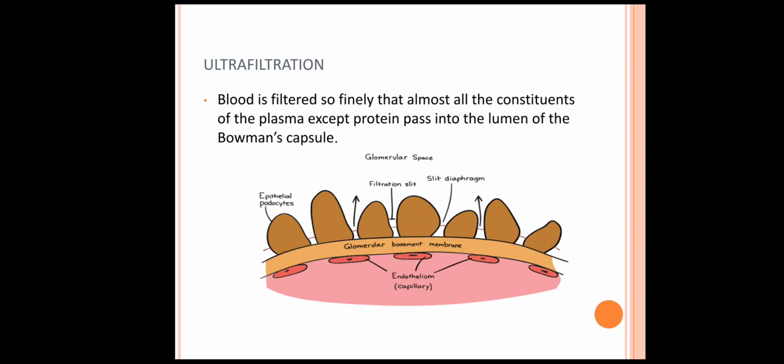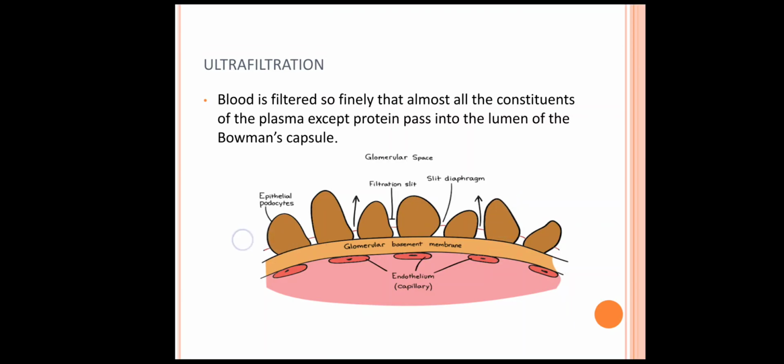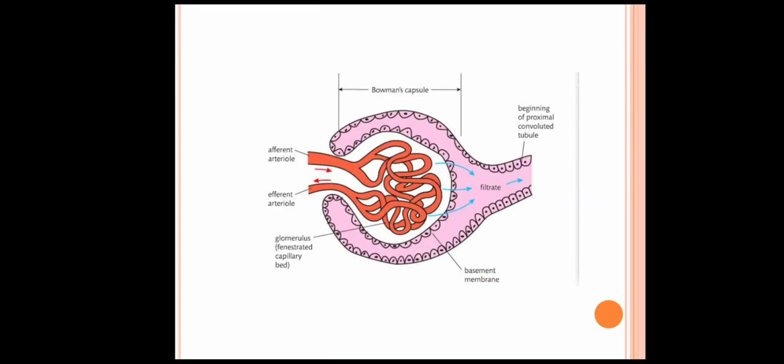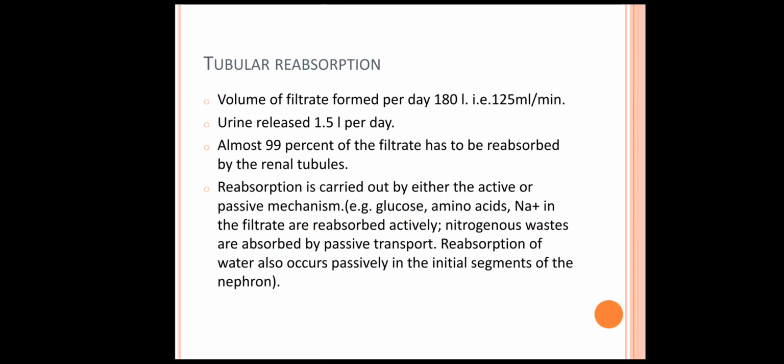So we can see that this is the glomerular space, this is the endothelium, this is the glomerular basement membrane, and the blood is filtered through these filtration slits, and these are called the podocytes.